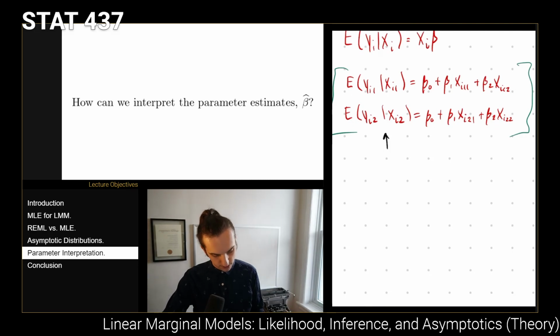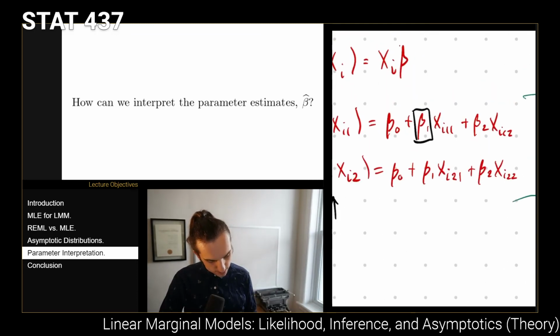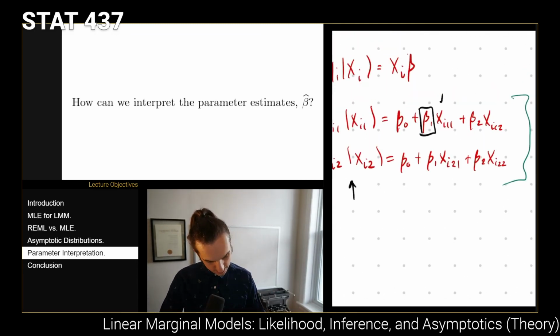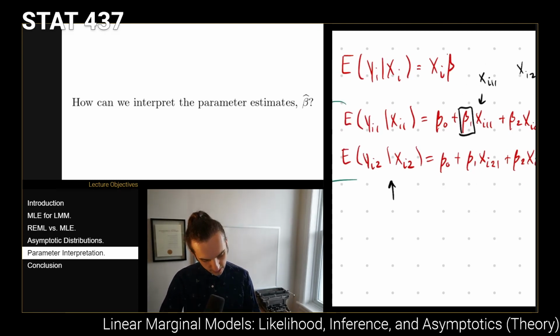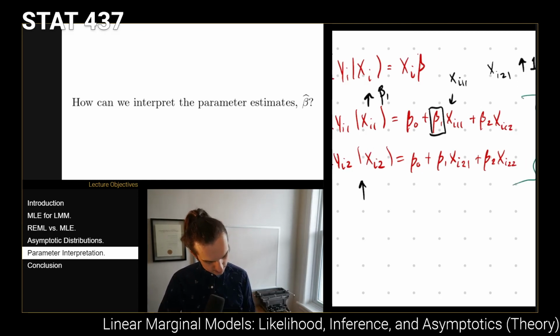Okay, and so if we think about what is beta 1 doing here in this model? Well, beta 1, if you increase xi11 or xi21 by 1, then we see that the expected value of this outcome is also going to increase by beta 1, assuming that xi2 or xi12 stays exactly the same, right?